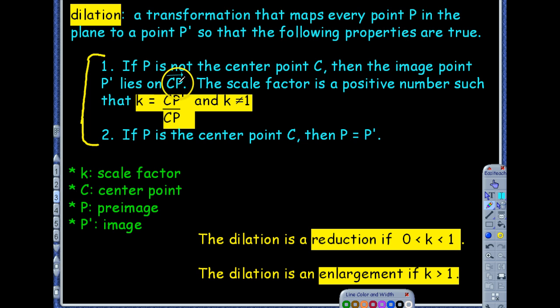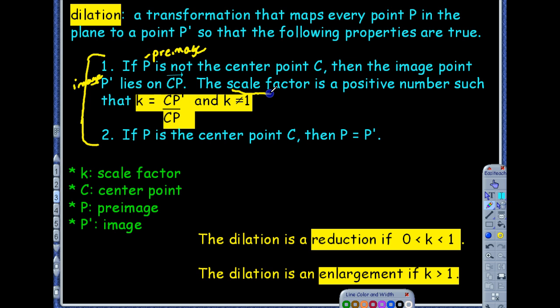And point P is the actual pre-image that you start with. Okay, so P is your pre-image, and your P prime is your image. Remember that, just like what we saw before. So your image is going to lie on the ray that connects the center to the pre-image.